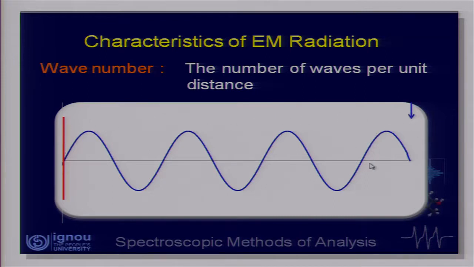How do I define wave number? This wave has 1, 2, 3, about 3.5 wavelengths, since one wave is essentially one wavelength. So there are 3.5 waves in this distance from here to here.